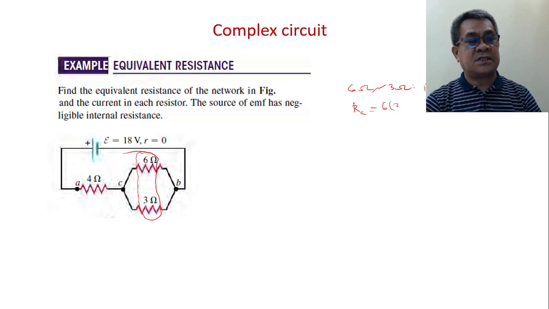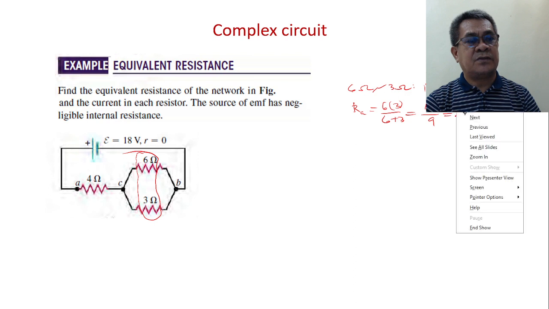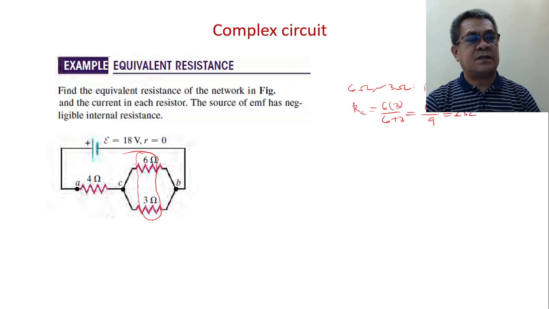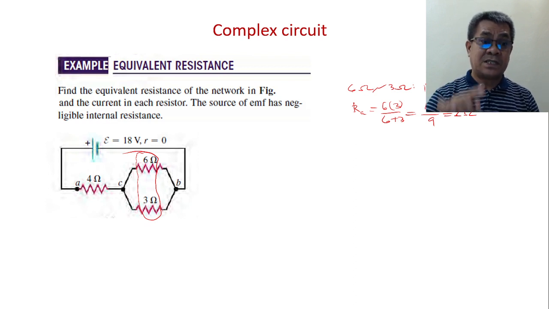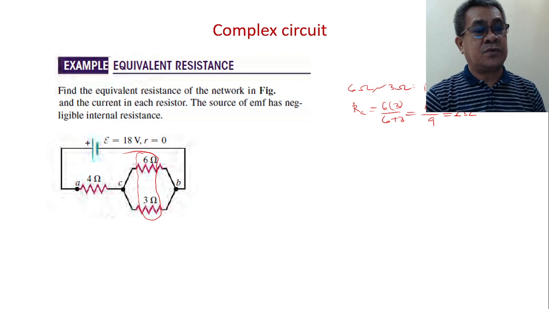And this is 6 times 3 over 6 plus 3. And this is 18 over 9. And this is equal to 2 ohms. Okay? Is that correct? The product of the two, 6 times 3, 18, divided by the sum of the two, 6 plus 3, 9. 18 divided by 9 is 2. So we have 2 ohms.